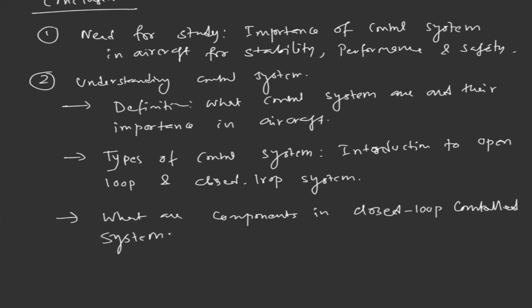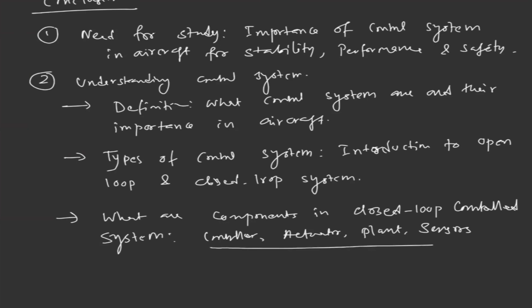Here we have discussed from different perspectives like controller, then actuator, then plant, then sensors. So these are the main different blocks that exist in the control system.